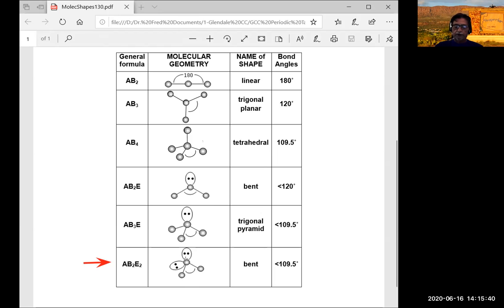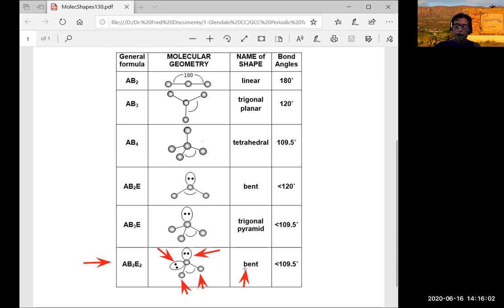See the lone pair sitting there on the oxygen for water. Okay, and then the 2 hydrogens are represented by the 2 spheres right there. Okay, now that has a general shape called bent.